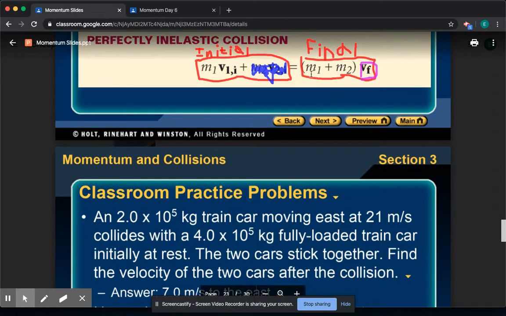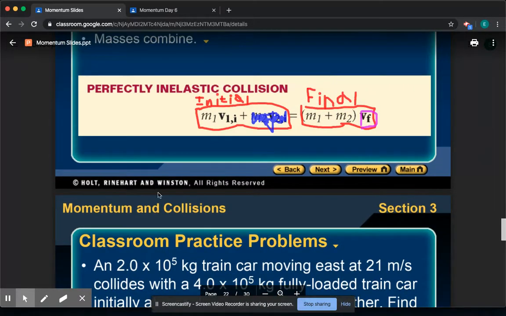You would have to divide both sides by M1 plus M2, and you would get that VF is equal to M1 times V1I, okay?